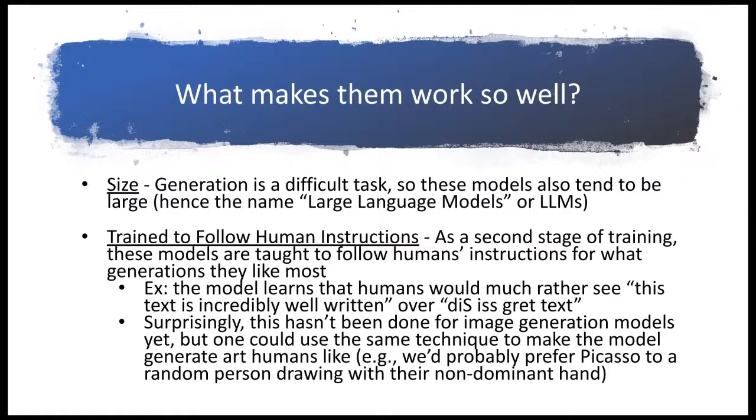The same concept applies to text generation, but also image and speech generation. Generation, creating something from scratch, is inherently difficult for both models and humans. And so these models need to be really large in order to handle this task. Think about how big a model is as essentially representing its brain size. The more it has, the more things it can learn, the better it can do, the more difficult tasks it can do.